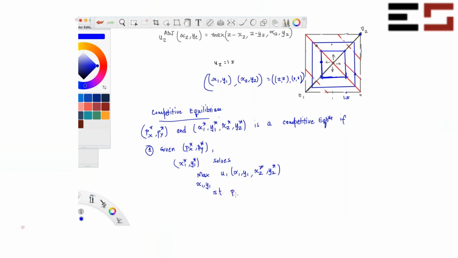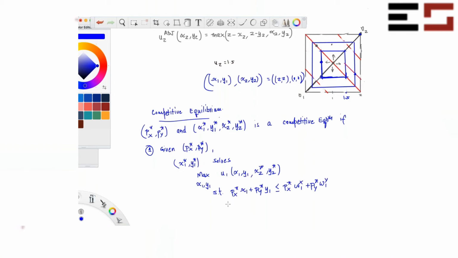which is px star x1 plus py star y1 less than or equal to px star omega 1x plus py star omega 1y.